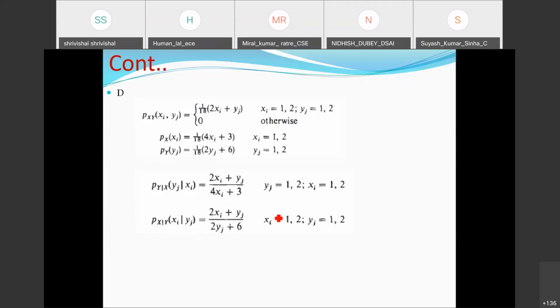And in case of x for given y, if we calculate, it is (2x plus y) divided by (2y plus 6). Priyanka got the correct response. Anyone else? So for the conditional probabilities, no. Okay. This is for the C part.